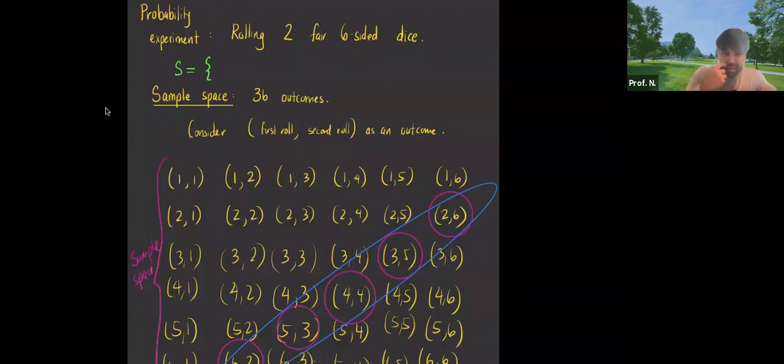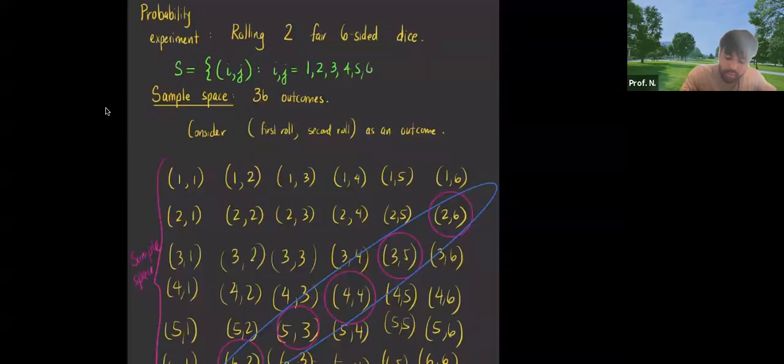So S is the set of, any ideas is good, so it's a set of I and J, such that I or J is either a 1, a 2, a 3, a 4, a 5, a 6. And that's it.